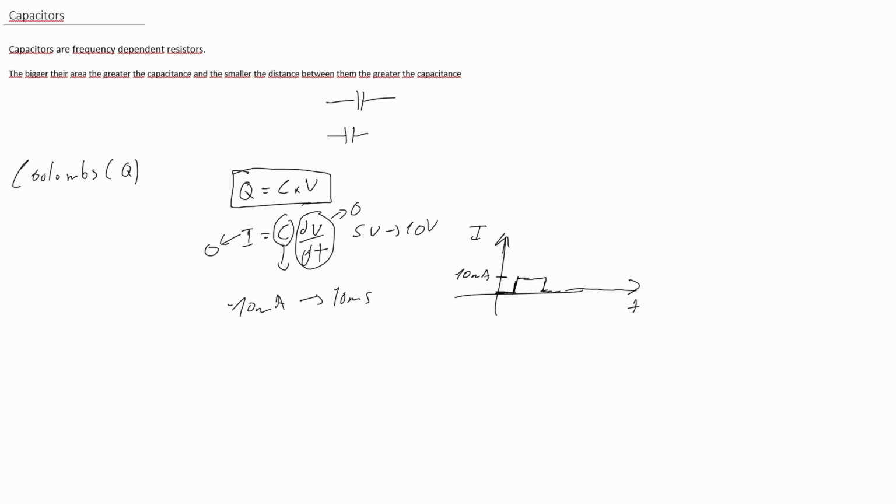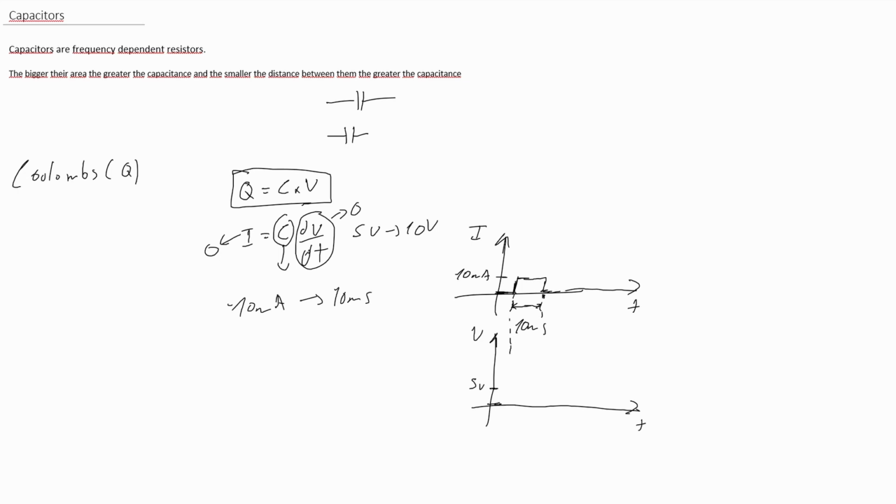During a time of 10 milliseconds, the voltage at the same time will increase by 10. So let's say we have an initial voltage of 5 volts, for example.